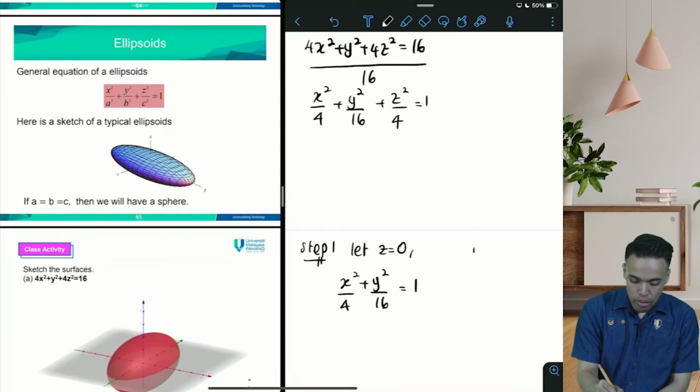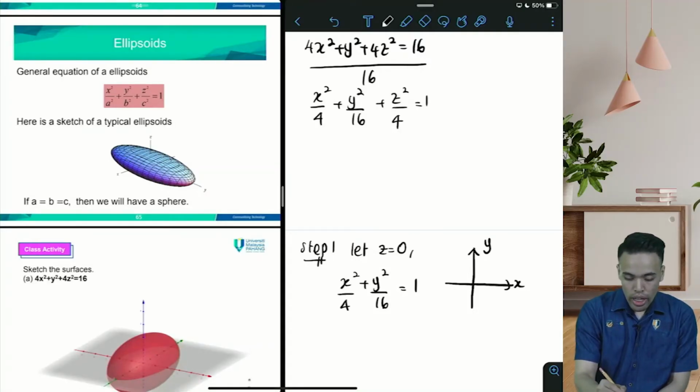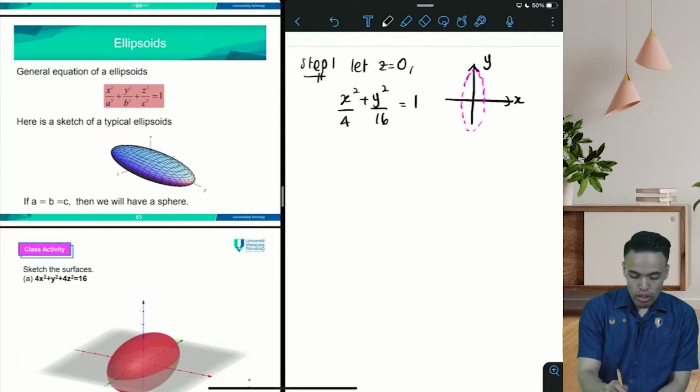So in a two-dimensional coordinate system that involves y versus x, you will end up with an ellipse, and this ellipse will be measured along the y-axis since b is greater than a, as 4 is obviously greater than 2. So that is the first step.